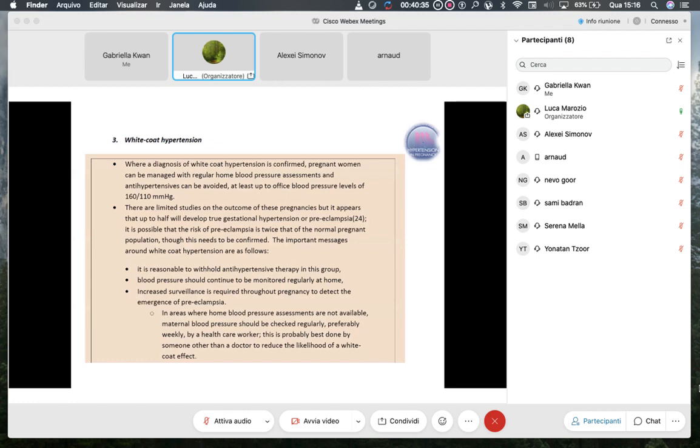We can wait for delivery until term, but we have to set a customized protocol of care for that woman, because white coat hypertension may be a risk factor for the later development of persisting chronic hypertension or preeclampsia.